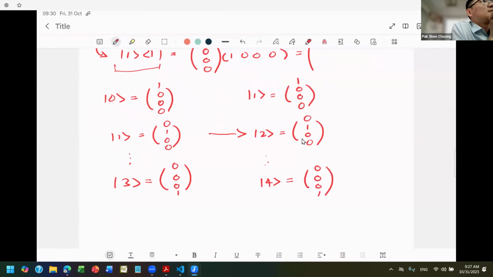Omega power 4 is equal to 1. So power 9 is omega. Is that okay?